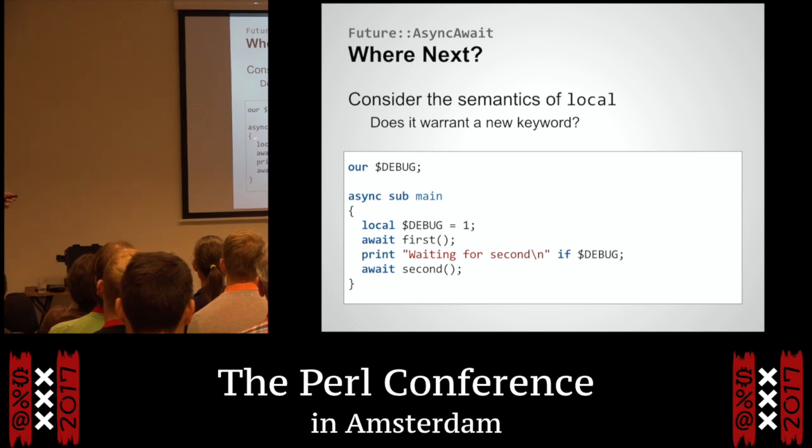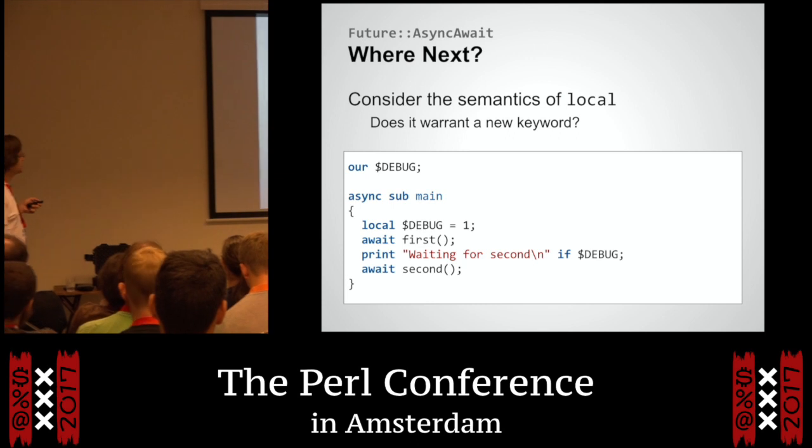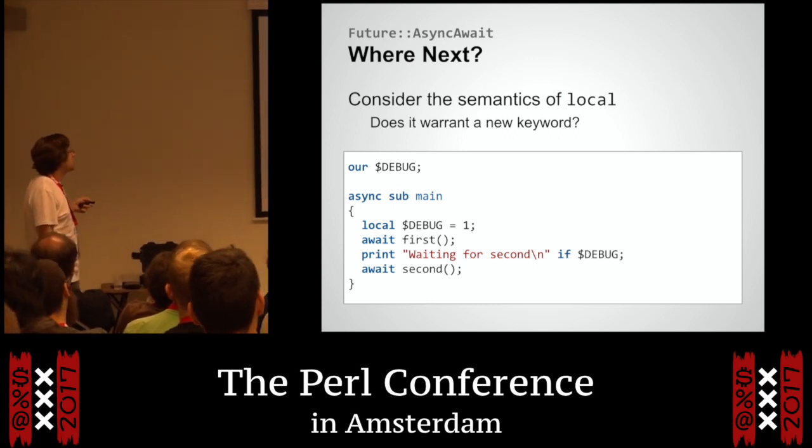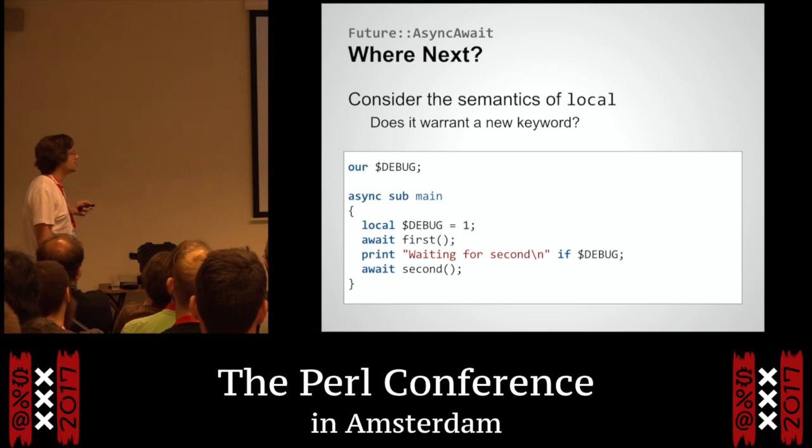Because when the second stage of this first function wakes up again, in a sense, dynamically, we haven't re-entered this function yet. So semantically, what does it mean to have done local $debug equals 1? Do we put 1 back in, or do we leave it in the state that we restored it to when we left this scope, presumably undef?